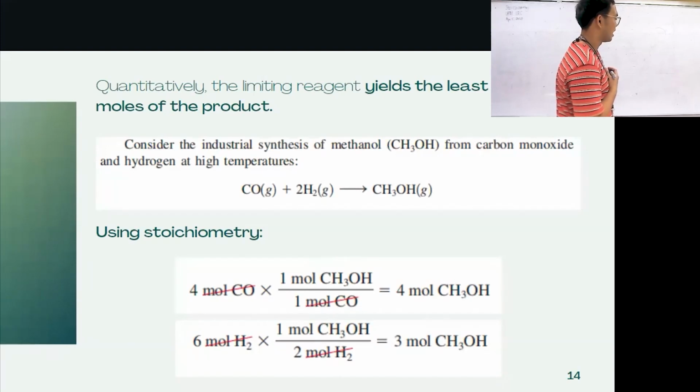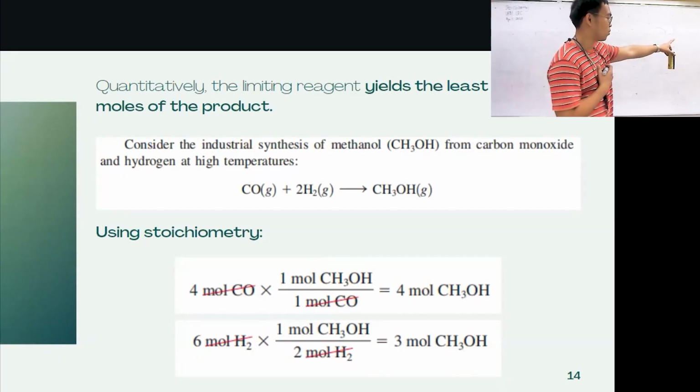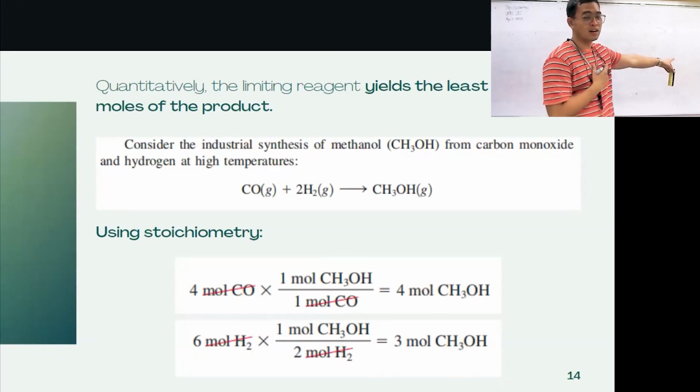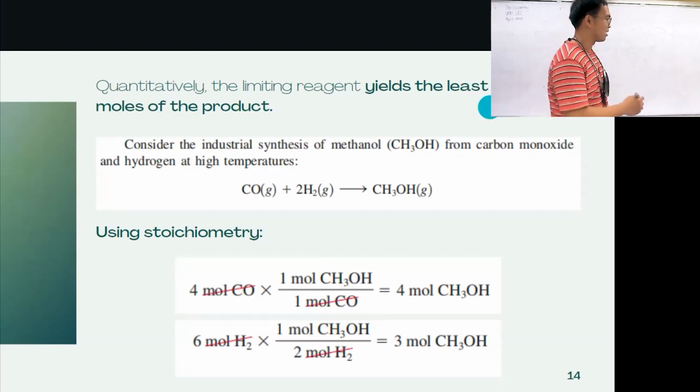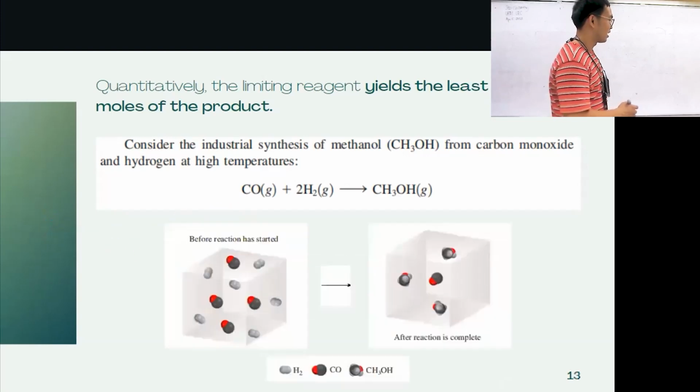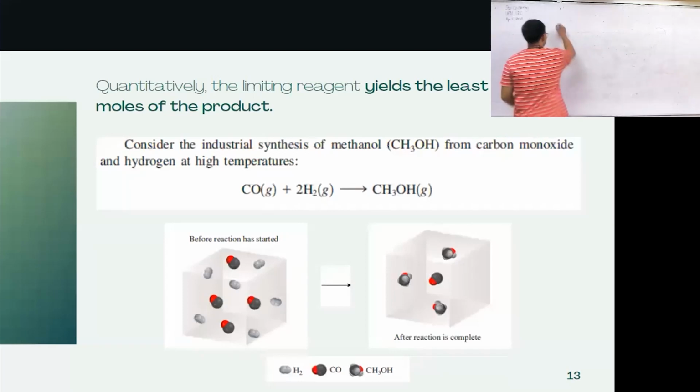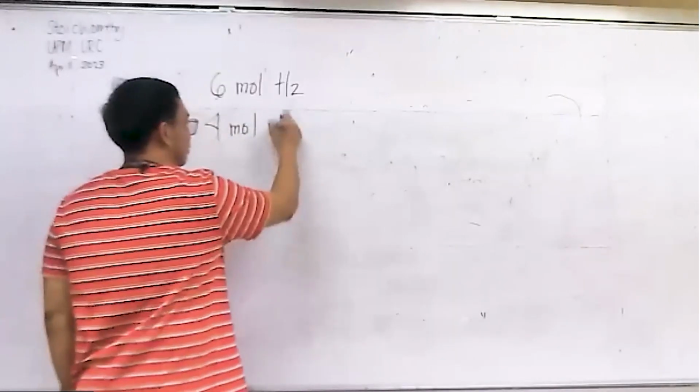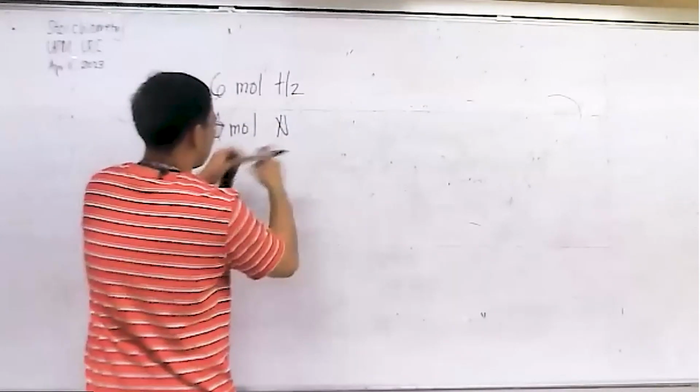Okay. So, ito pong 4 moles of carbon monoxide and 6 moles of your hydrogen gas came from the figure a while ago. I-back lang po natin ng konti, until po dun sa mga may figure. Ayan, nakita natin at the start of the reaction, you have 6 moles of your hydrogen gas. Tapos 4 moles of your carbon monoxide.